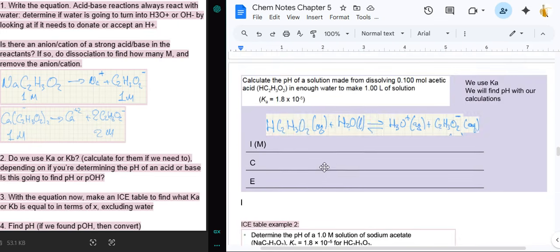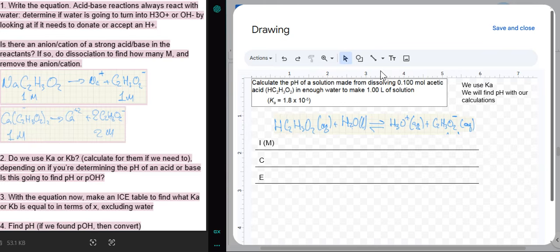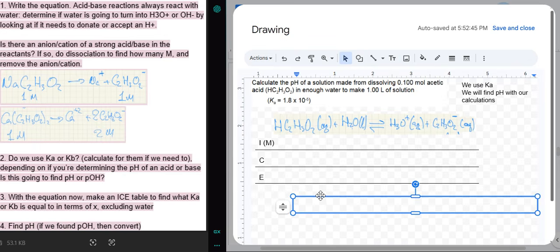But using the units for molarity, you can also get the equation. So we know molarity is equal to moles over liters.